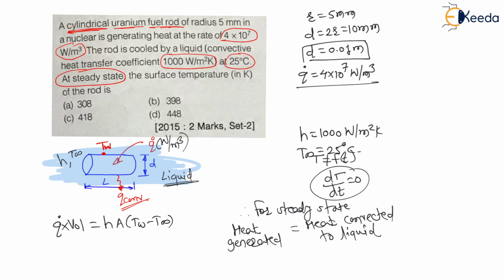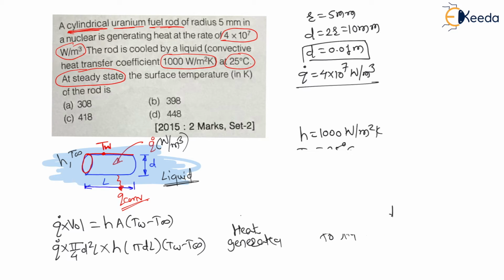Now the volume of the rod is pi by 4 d square L, therefore q dot into volume is q dot into pi by 4 d square L. The convection area is the surface area, that is pi d L, right? So it will be h into pi d L into (T wall minus T infinity), where T wall is the surface temperature.